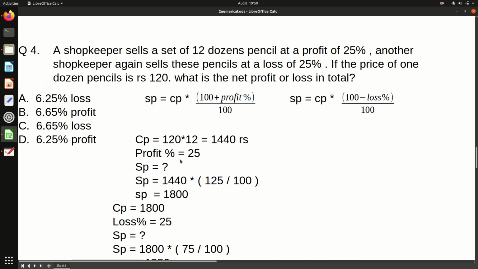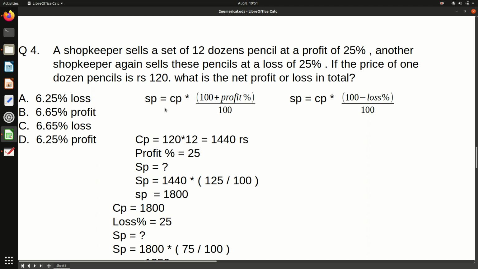Okay, so just remember one thing, whenever you have questions from profit and loss, generally these two formulas that I have written, just remember these. With the help of these two formulas, you can solve the maximum number of questions from profit and loss.